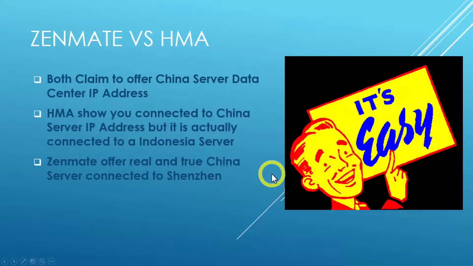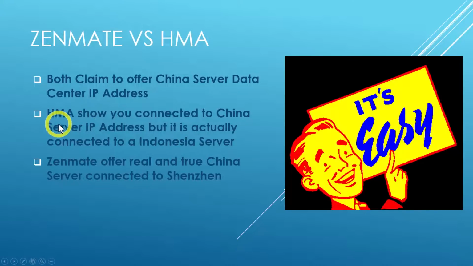Most providers do not offer a China server IP. Today, we are looking at ZenMate VPN in particular. Both ZenMate and HMA VPN claim to offer a China server data center IP address. But for HMA, they show you that you are connected to a China server IP address, but it's actually connected to an Indonesia server.